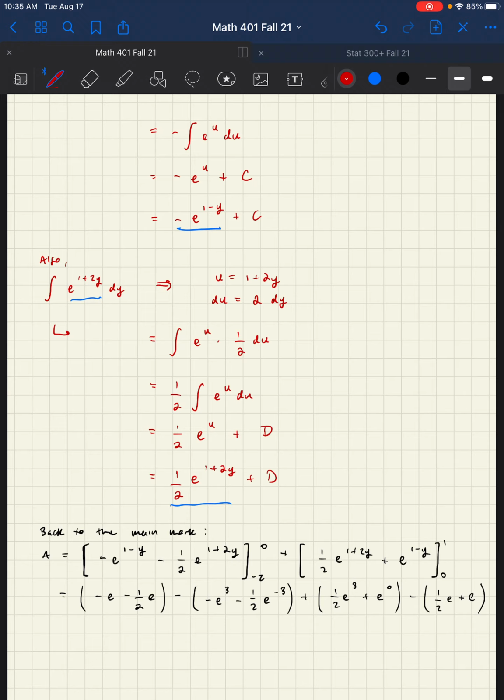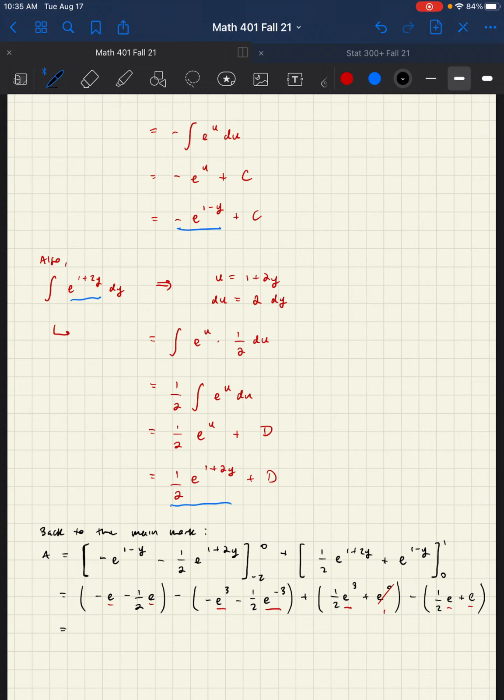Not too bad. And if you collect like terms, notice that there are just single powers of e. Treat that as its own variable. E to the 0 becomes 1. And then there's an e cubed in here twice, and an e to the negative cube. So there should be four distinct terms in this expression.